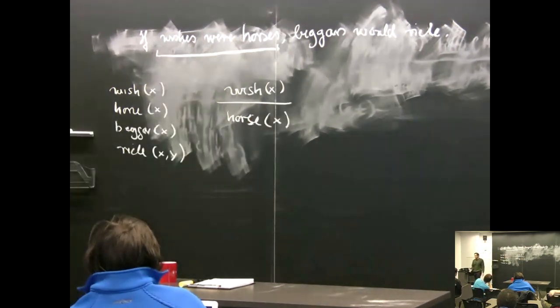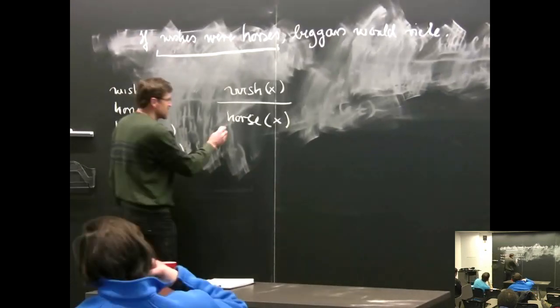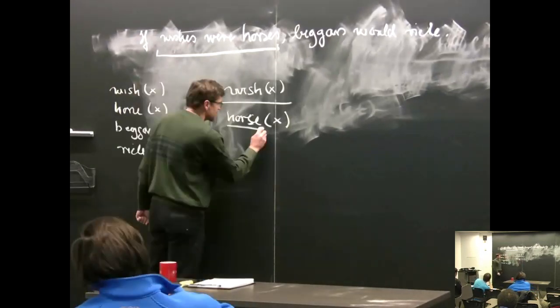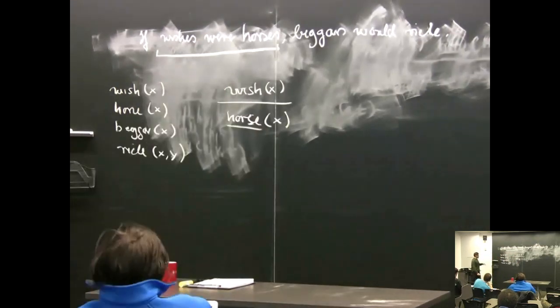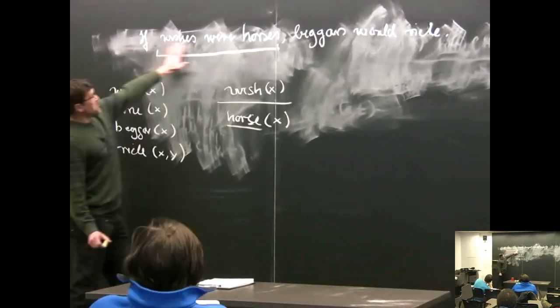Wishes that you make, and it disappears. So we consume that. Now, a horse is a fairly substantive thing. The property for X of being a horse: the horse might die, but still, it's a horse. So we'll make that persistent. I mean, there are other possible choices.